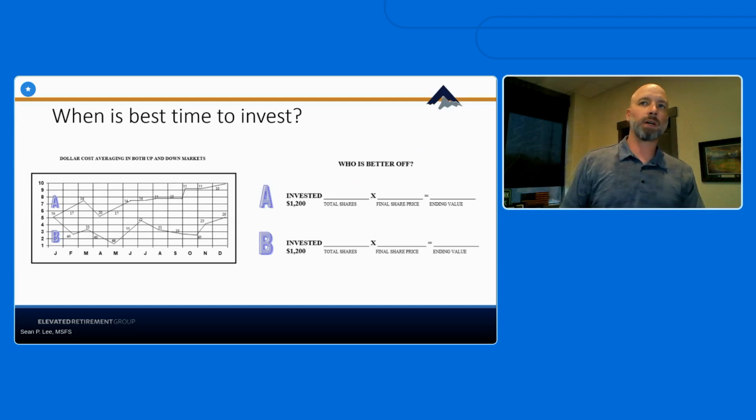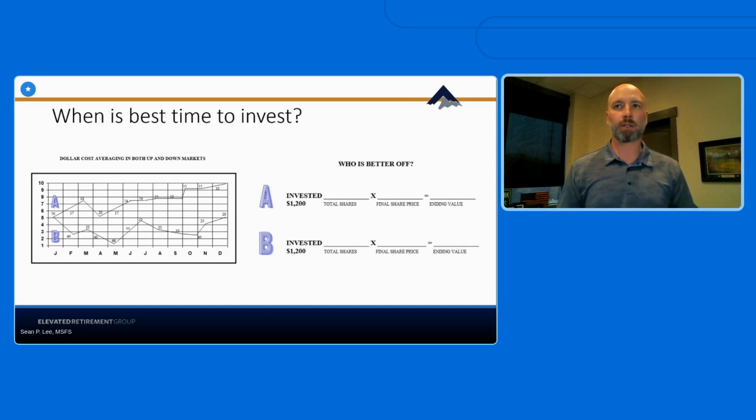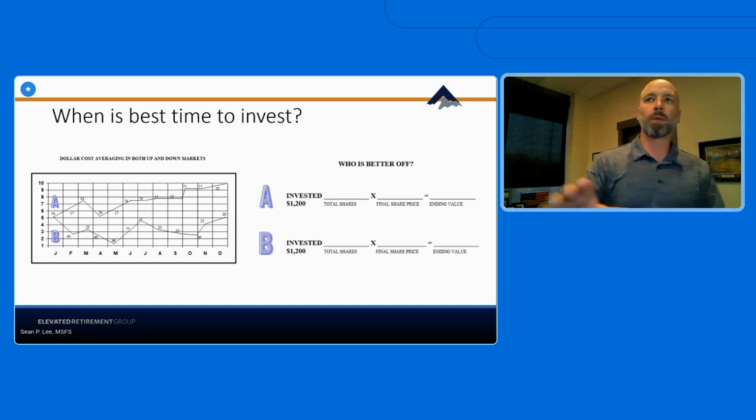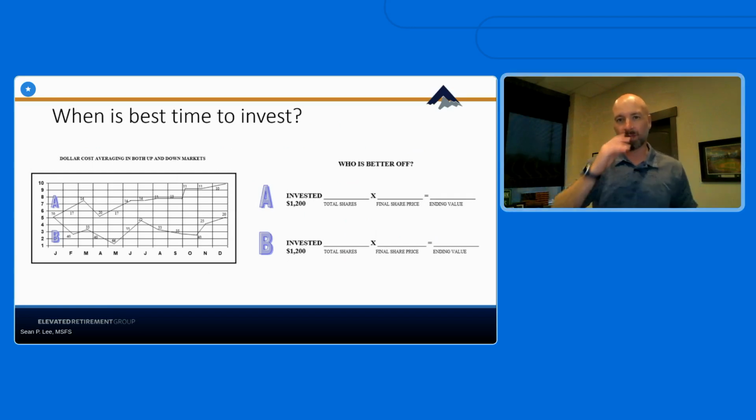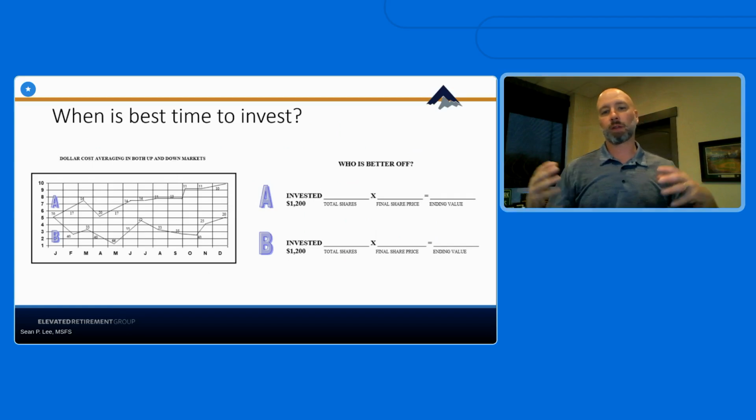So when we look at client A, and you can see on the screen, they bought 20 shares the first month, 17 shares the second month, 14 shares, 20 shares, 17 shares, 14, 13, 11, and 10. So what you can see is that as their account value went up, they were only able to buy a certain amount of shares.